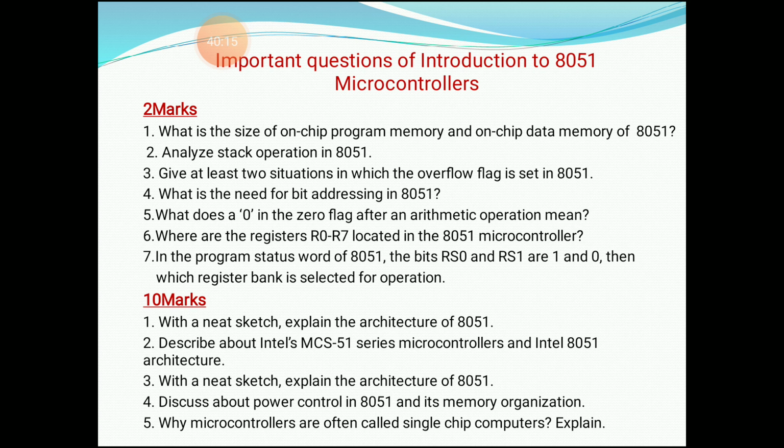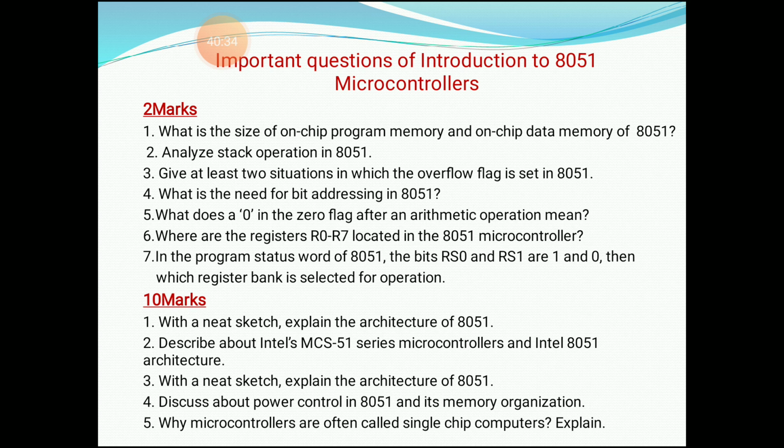Next question, where are the registers R0 to R7 located in the 8051 microcontroller? These registers R0 to R7 are called register bank select registers. These registers are available in register banks, bank 0, bank 1, bank 2, bank 3.